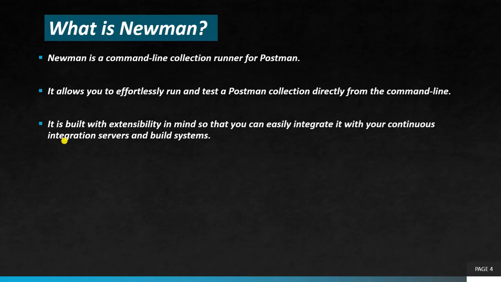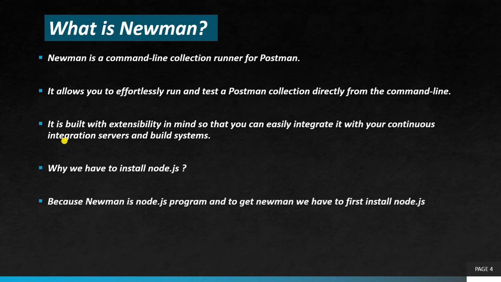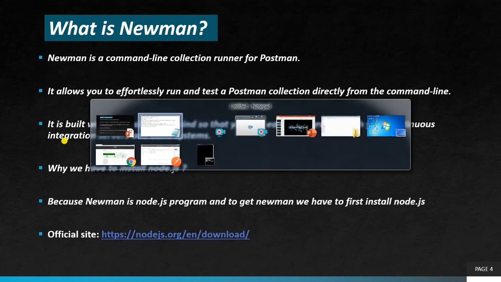Now the next question that will definitely come to your mind is why we have to install Node.js. Newman is a Node.js program, and to get Newman we first have to install Node.js in our system. This is the official site of Node.js, from where you can download it and install it on your machine.